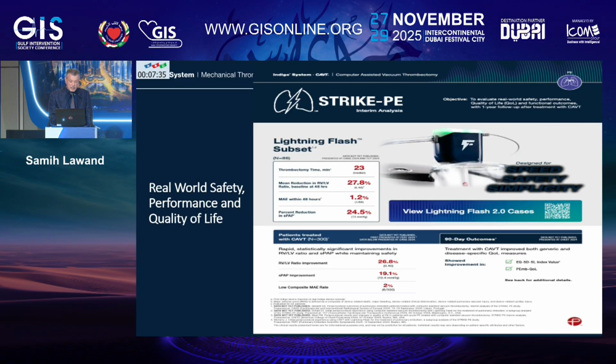And in this real-world safety performance, the prior publication also showed similar outcome results with the duration of the procedure, with similar RV-LV ratio changes, systolic pulmonary artery pressure, and of course, MACE, all in all, in favor.